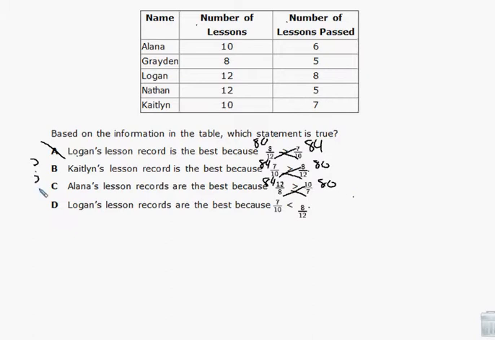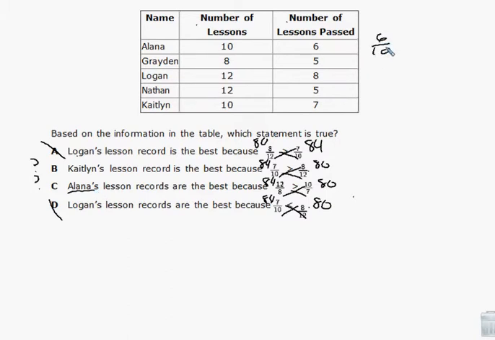Okay, Logan's lesson record is best because 7/10 and 8/12, so that's 80 and 84. So this one is not true. So let's go back to our 2 and just double check them real quick. Right here it says Alana's lessons, and the fraction for Alana's lessons would actually be 6/10.